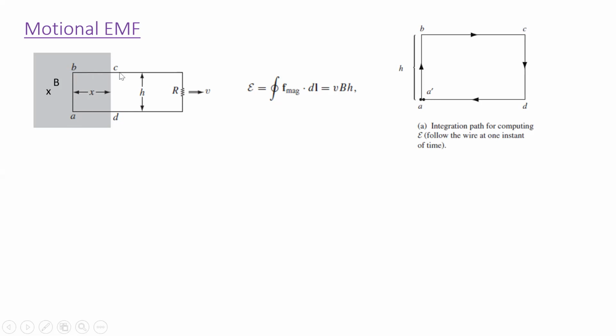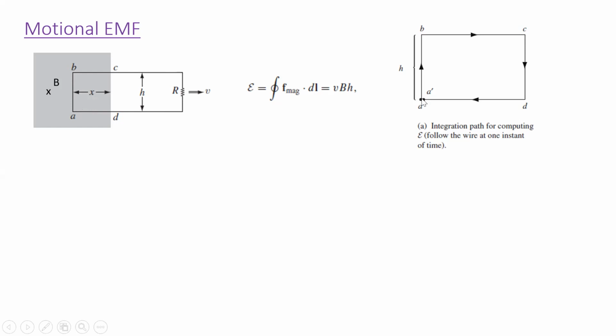And then if we integrate around the rest here, V and B don't amount to any. The force is perpendicular to the circuit, so they don't do any work in forcing charges through the circuit. Same thing between A and D, and out here there's no magnetic field.